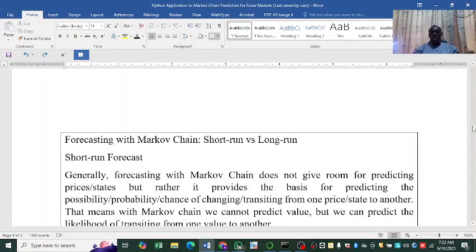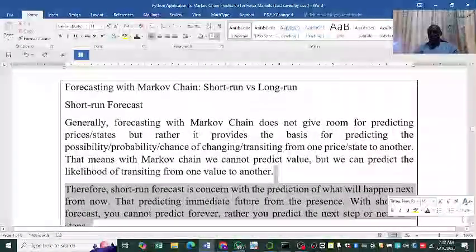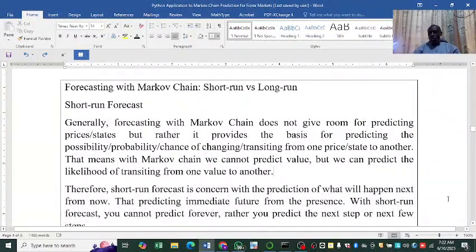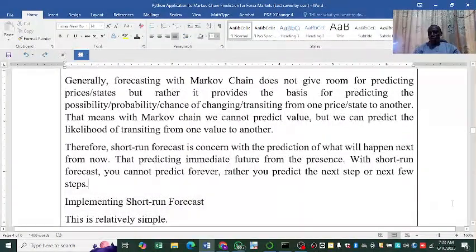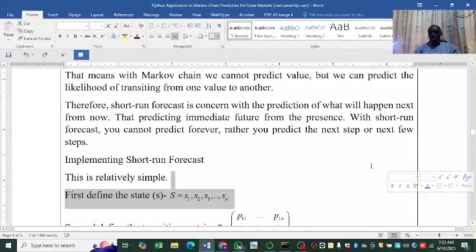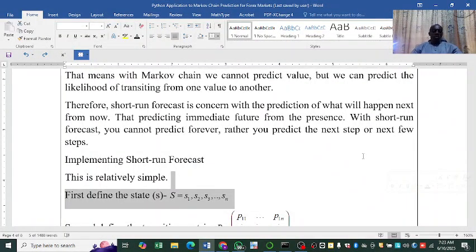So actually, we are predicting probability, but not values. So in the short run, we predict the probability of changing the event of today or the event of tomorrow based on today.